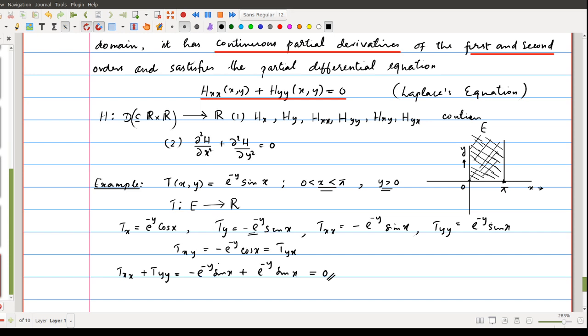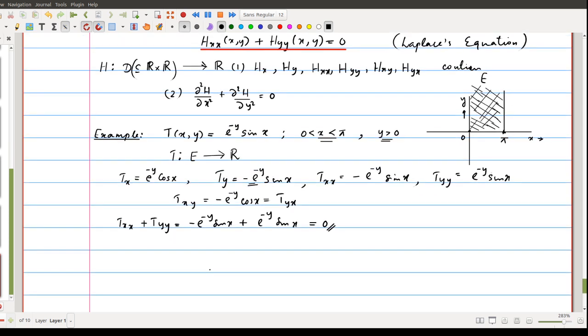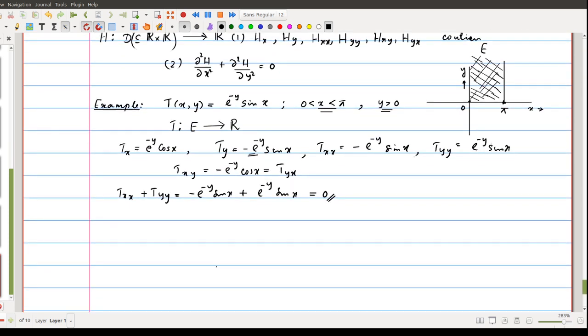You will get more examples if we consider an analytic function, because next we will show that the components of an analytic function f of z are always harmonic. That is theorem 1.